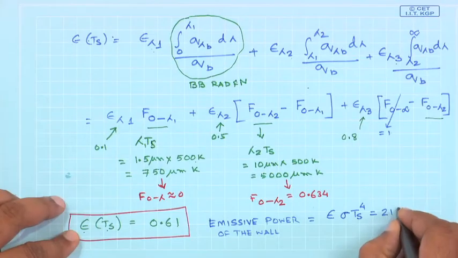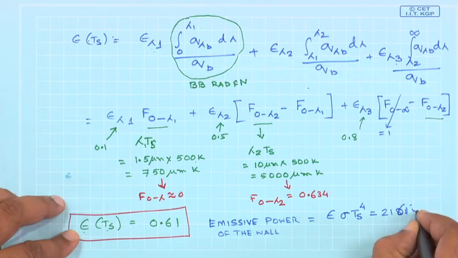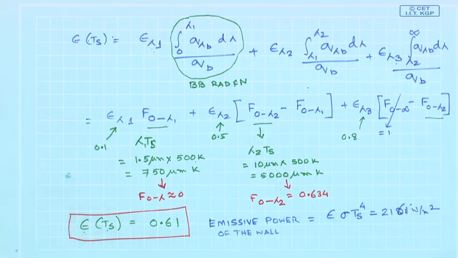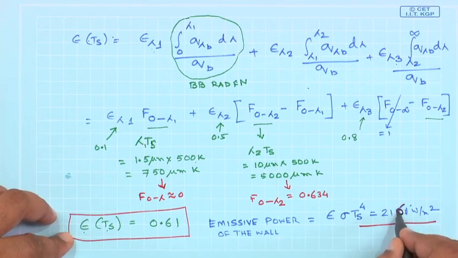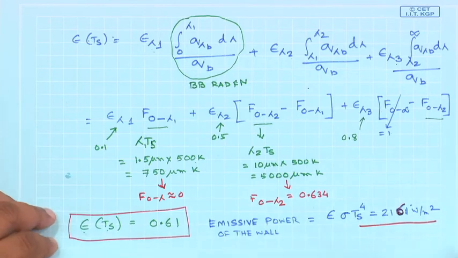So, when you plug in the values, the value that you are going to get is going to be 2161 watt per meter square. So, that is the emissive power of the wall.